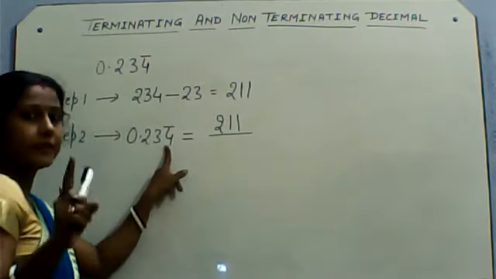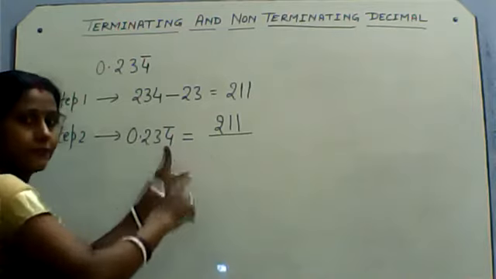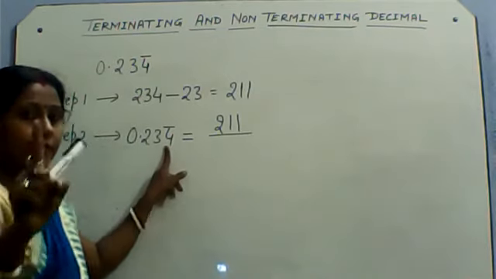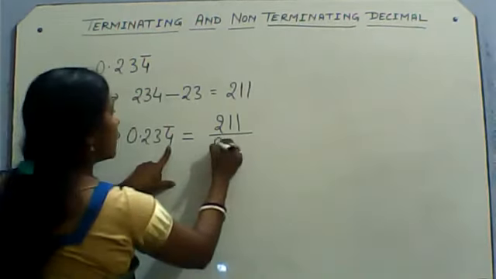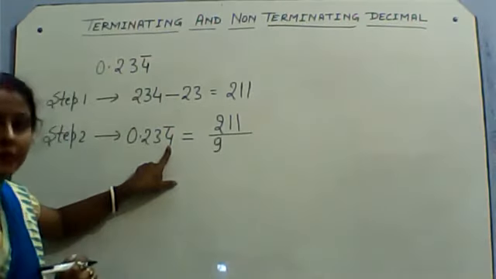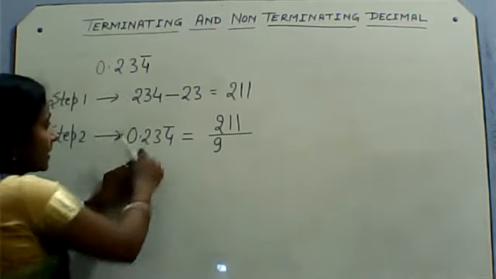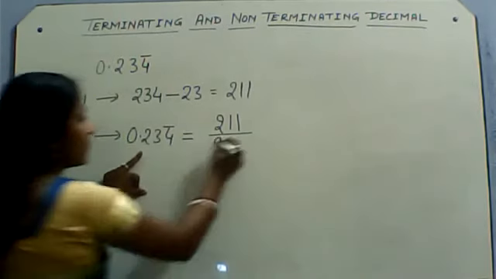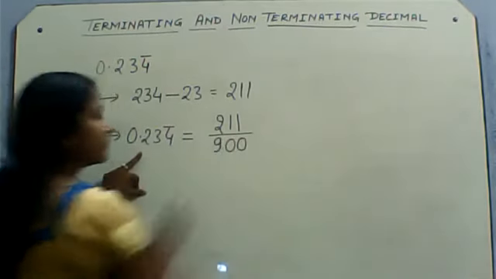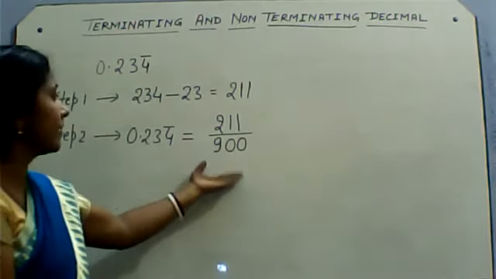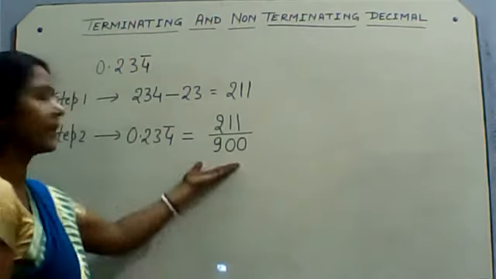Only one digit is repeating, 4 is repeating. So you have to put only one 9. Okay. And how many are not repeating? 2. 2 digits are not repeating. So you have to put 2 zeros. You get 211 by 900. So the vulgar fraction is there.